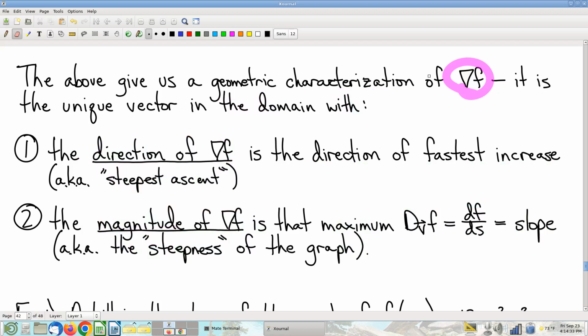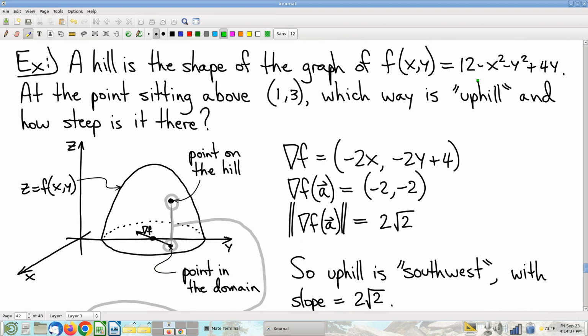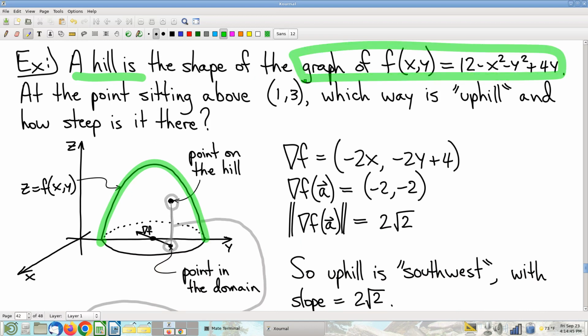Okie dokie. So, let's see here, an example. Suppose you have a hill. The hill is in the shape of the graph of this function. Keep in mind, graph means that z is a function of x and y.